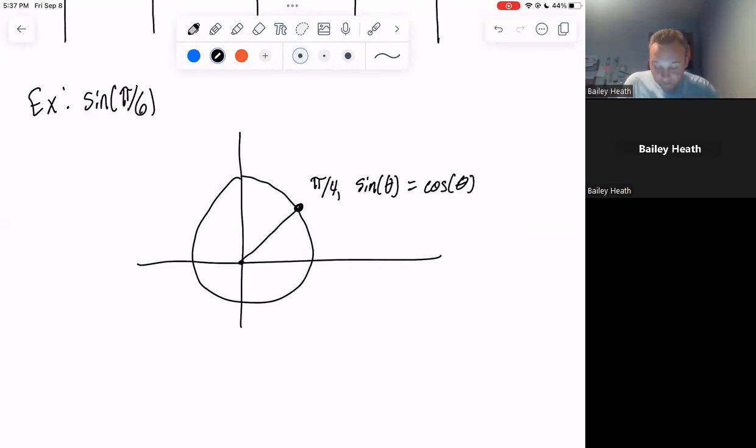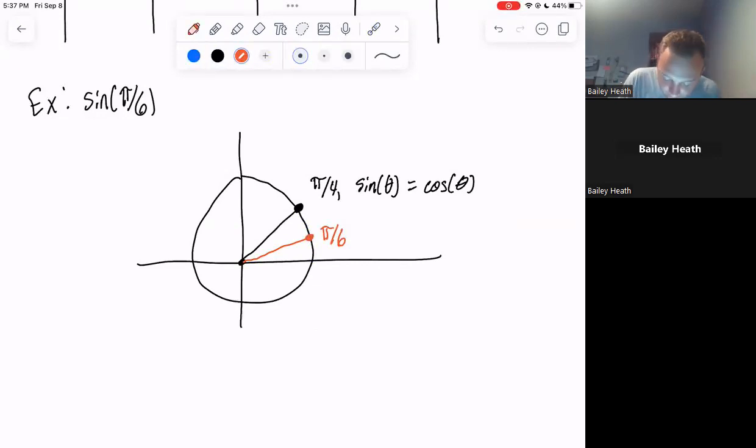In other words, the x value is equal to the y value. Now, pi over 6, so this is what goes through my mind. Pi over 6 is smaller than pi over 4, so that means I haven't quite gotten up to pi over 4 yet. So I'm somewhere below and to the right of pi over 4.